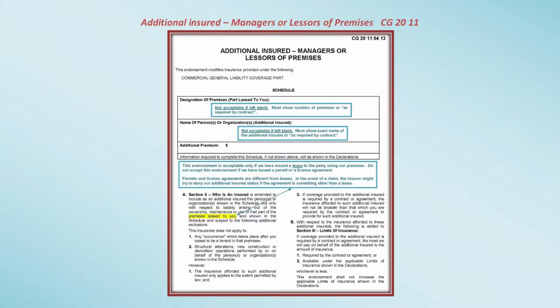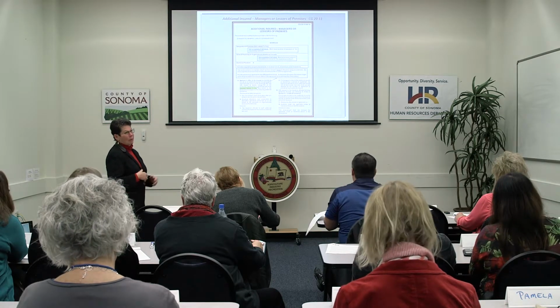Now we're going to get into some premises things. The CG 2011 is for leased premises. That's L-E-A-S-E-D, not L-E-A-S-T, because we never have leased premises. Ours are the most premises.